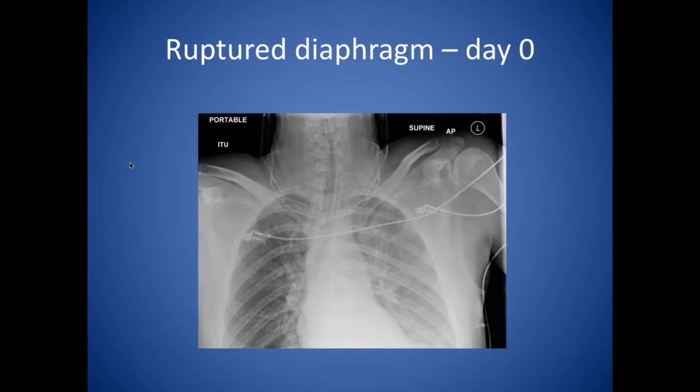This was a ruptured diaphragm that we originally missed on the first film. So the patient has got a hemothorax, it's a supine film. On the left-hand side, you've got increased density due to the hemothorax.